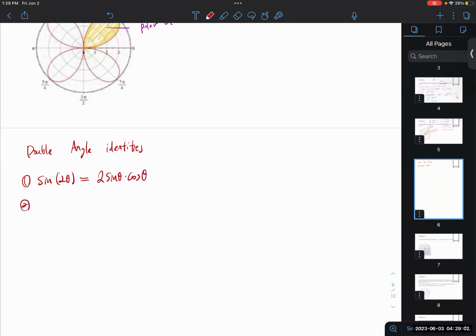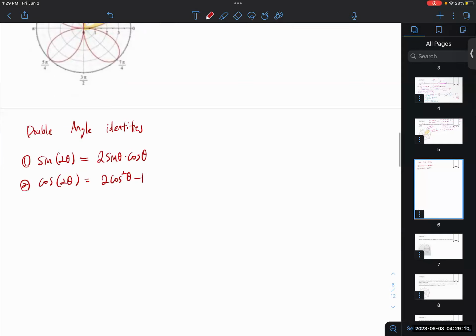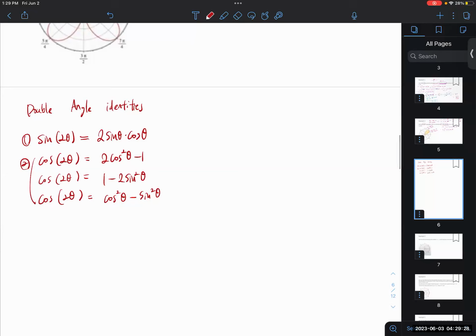Number 2, cosine 2 theta equals 2 cosine squared theta minus 1, or also equals 1 minus 2 sine squared theta, and also cosine squared theta minus sine squared theta. They all correspond.